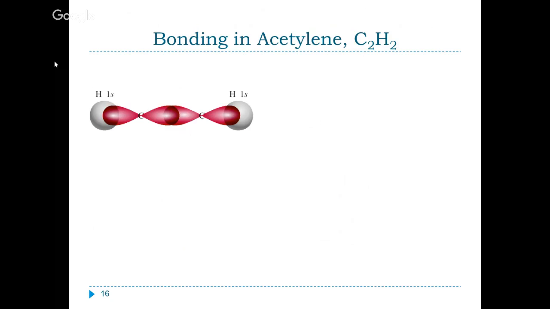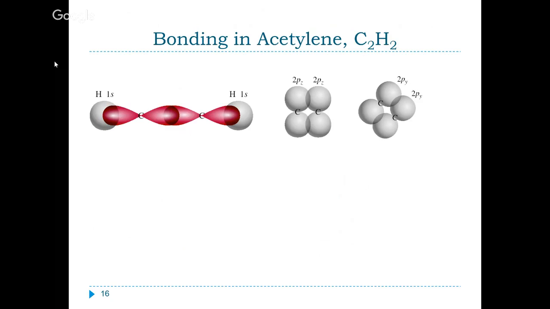So we're overlapping our carbon to carbon, and then we're overlapping carbon to hydrogen to form our single bonds, which is also called sigma. So then what happens? Well, we have our pz orbitals unhybridized, as well as our py orbitals unhybridized.